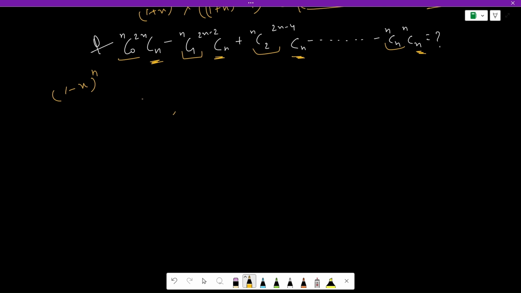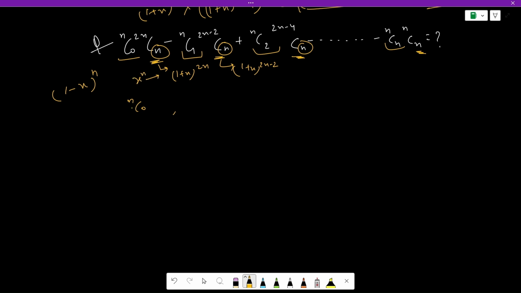So we can write this as nC0 into (1 plus x) raised to the power 2n minus nC1 into (1 plus x) raised to the power 2n minus 2, and the subscripts are constant here also, so this means that we need the coefficient of x raised to the power n in all of them.